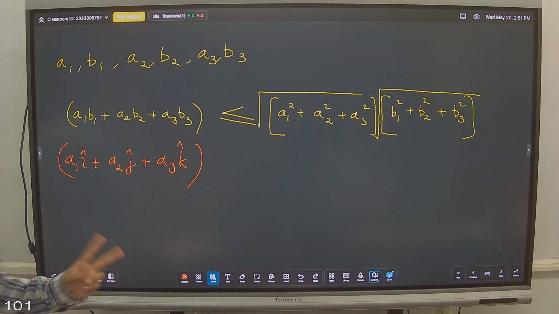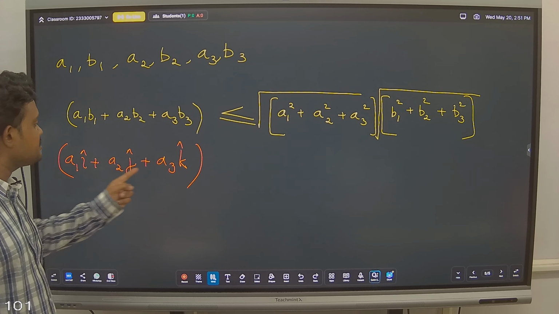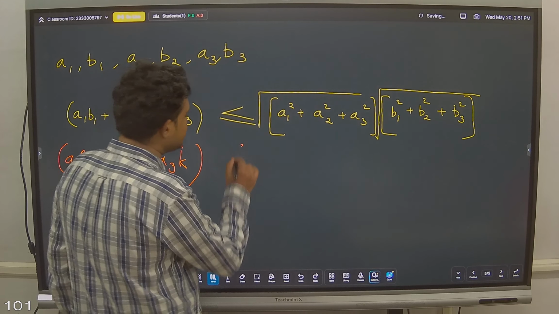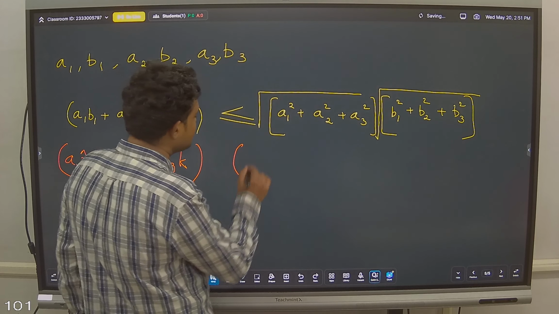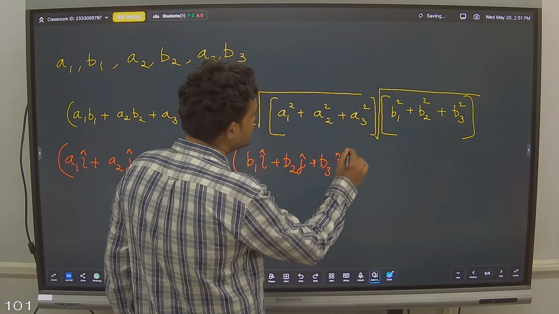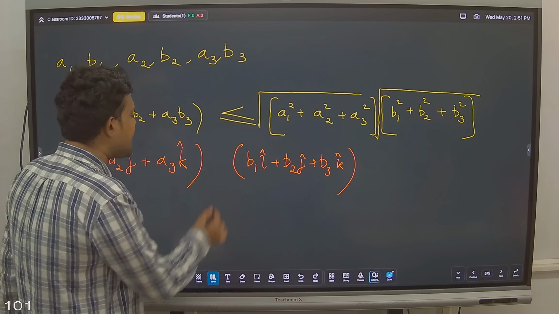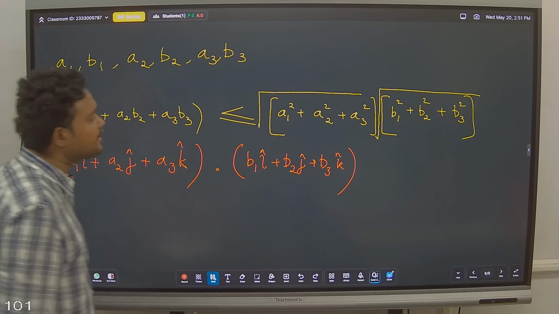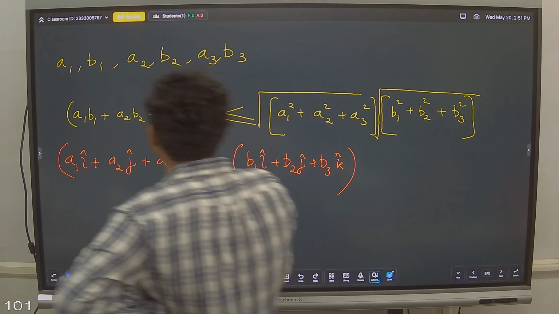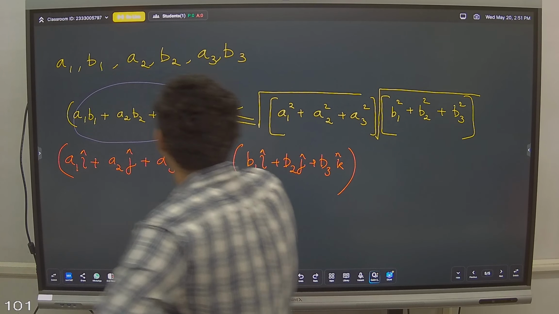We define two vectors, a1 i cap plus a2 j cap plus a3 k cap, and another vector, b1 i cap plus b2 j cap plus b3 k cap, correct? And we take their dot product. What are we going to get? a1 b1 plus a2 b2 plus a3 b3. In other words, you are going to get this, right?